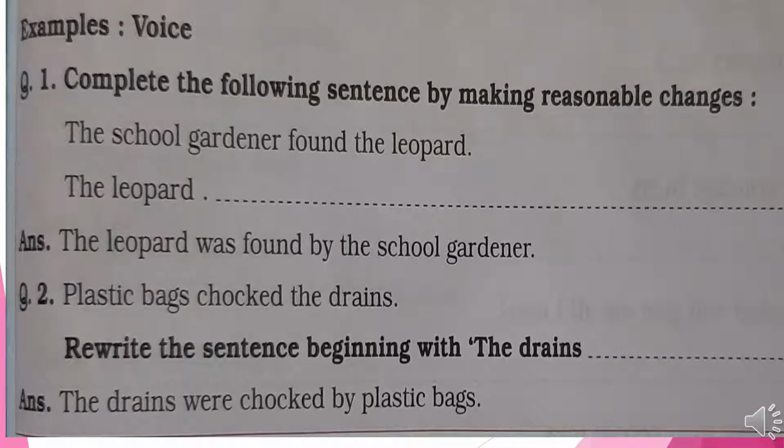That's why you have to change the voice, and to attempt this question you need to know how to change the voice from active to passive. For that you have to follow such steps that we will see further.